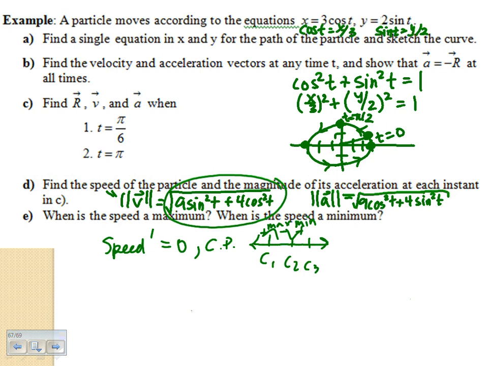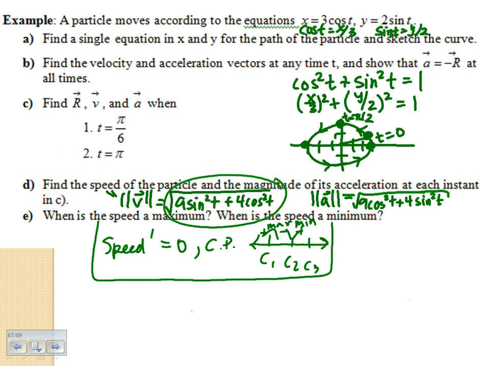And then I could say what those values were. Or I could do something a lot easier here. If that's what you've got to do, it will work. So here's the or. We can take speed and think, what t could I put in to get the very smallest value out? What t could I put in to get the very biggest value out?